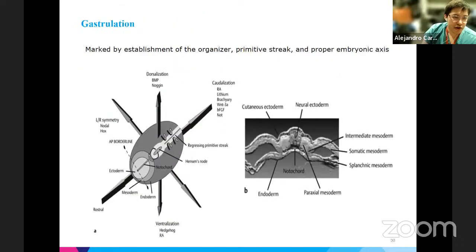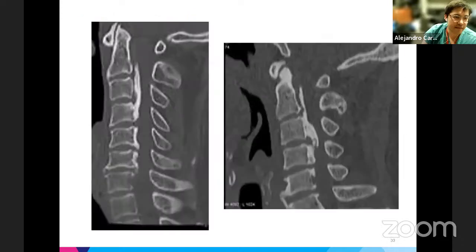Going back to this gastrulation stage, we also see BMP, which is involved in dorsalization of our gastrula. That has been implicated in this condition. This patient is referred to your clinic because of myelopathy.